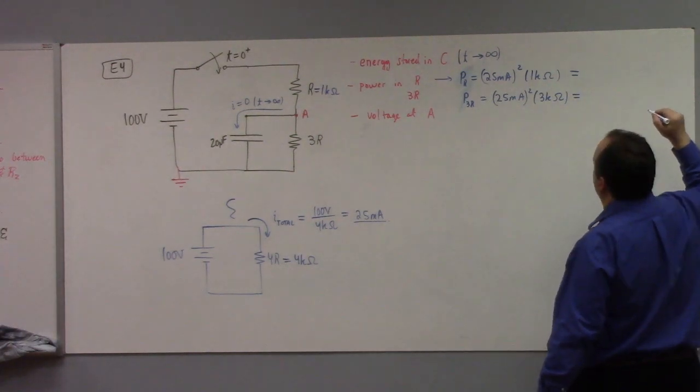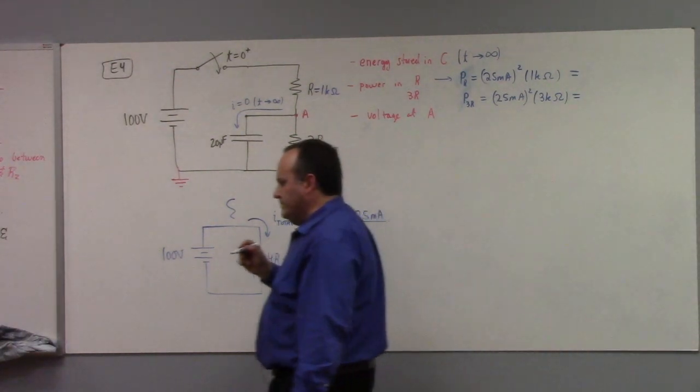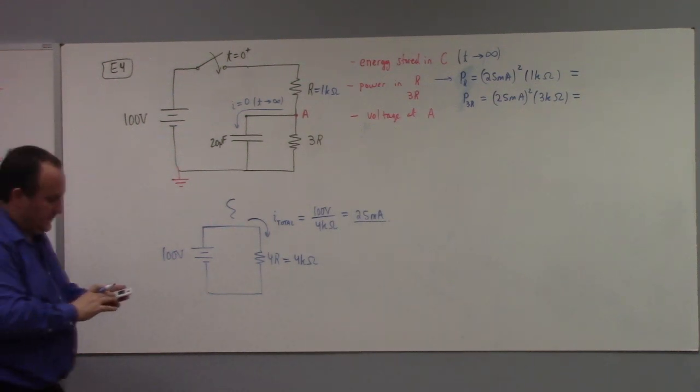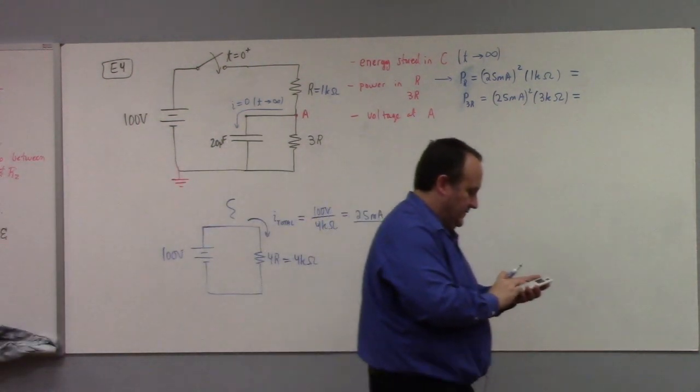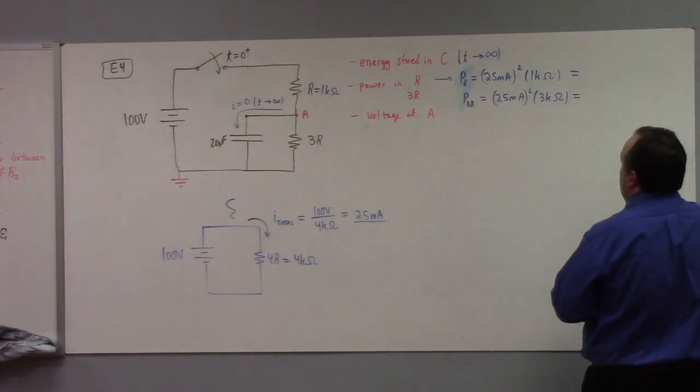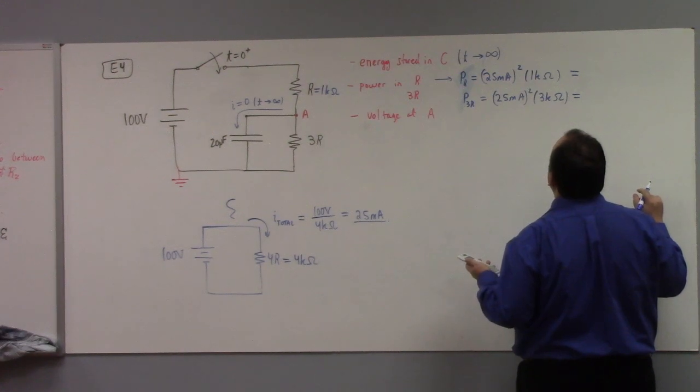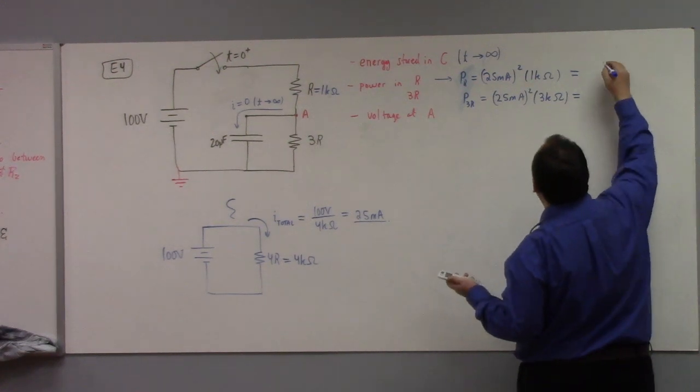What do we get? 25 times 25, 625, 625 milliwatts, is that right?